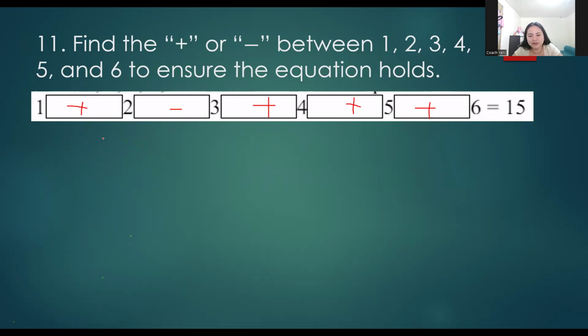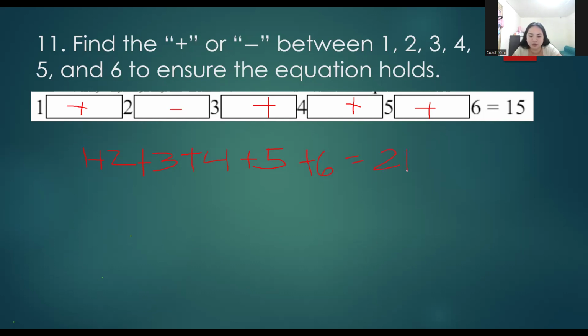Okay, so you can do trial and error, or there is also a shortcut. You can add everything. So you can just 1 plus 2 plus 3 plus 4 plus 5 and plus 6. What is the total if you add everything together? Can you tell me? 21.